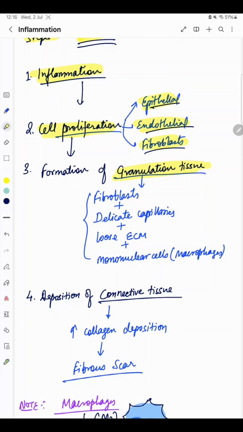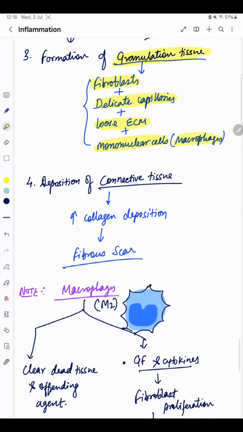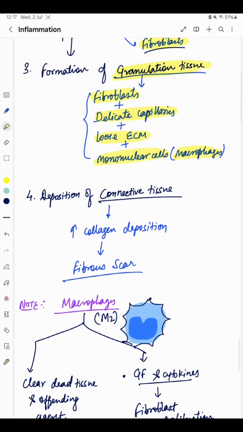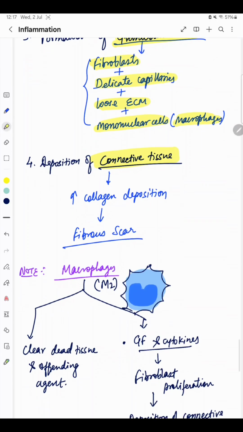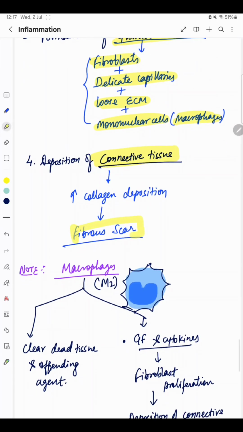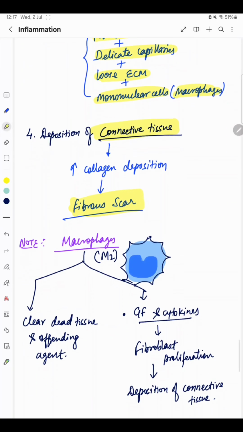Granulation tissue is composed of fibroblasts, delicate capillaries, loose extracellular matrix, and mononuclear cells, mainly macrophages. The next step of scar formation after granulation tissue formation is deposition of connective tissue on this granulation tissue, and this will result in fibrous scar formation.